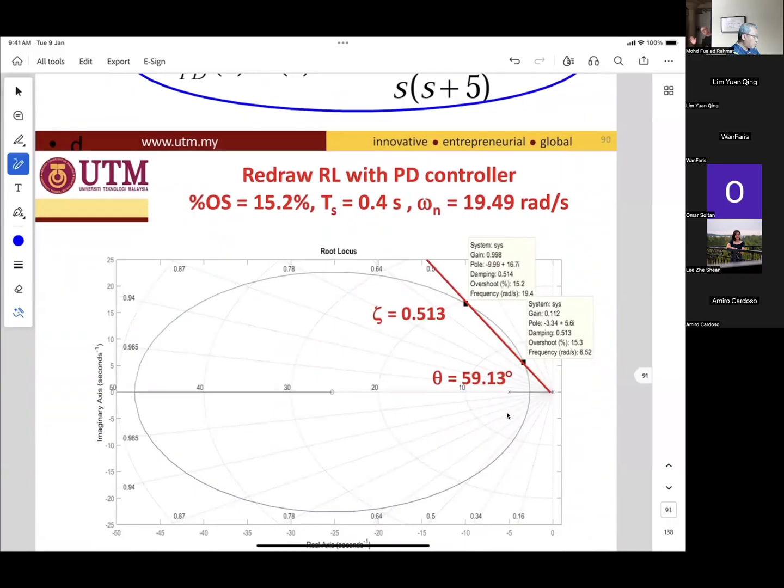When we redraw, due to the zero, the root locus becomes a circle. When we draw the line for zeta 0.514, it will cross twice at 59.13 degrees.